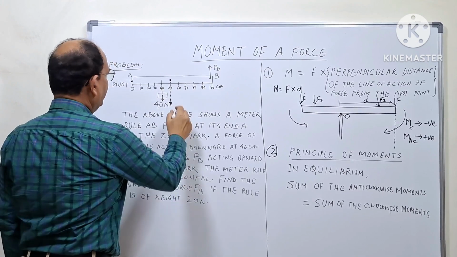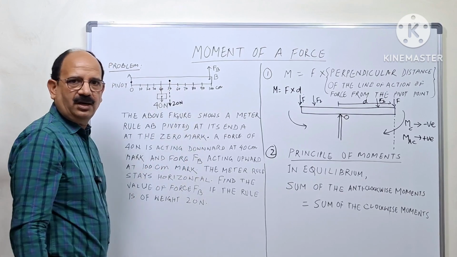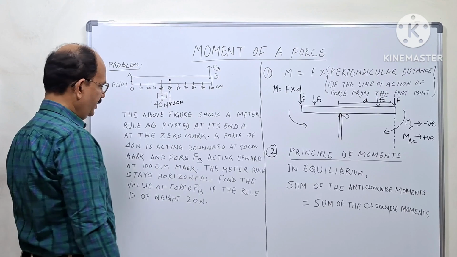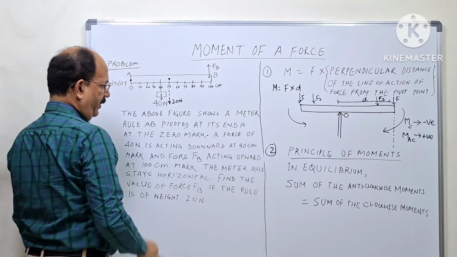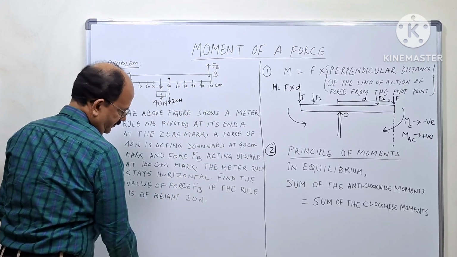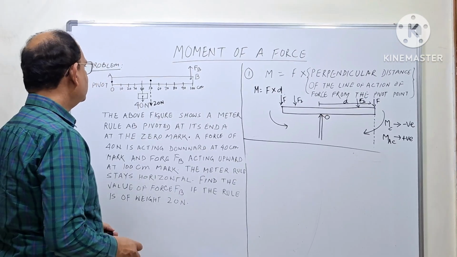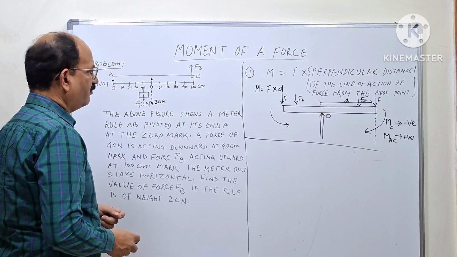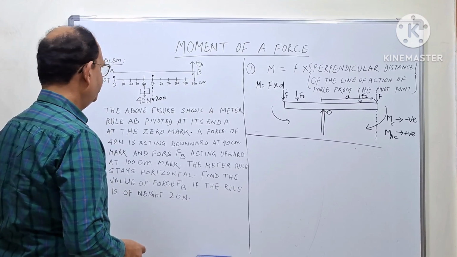So this 20 Newton will be acting at the 50 centimeter mark, right? Now, if we apply the principle of moments, then we can find out the value of FB. Let us try applying the principle of moments in solving this problem.